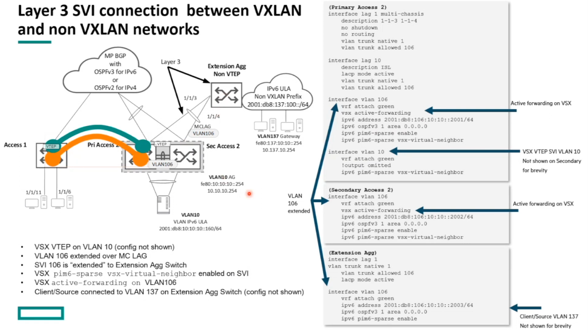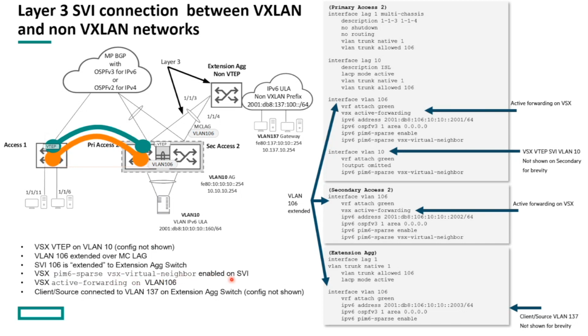So again, the VTEP that we're interested in here is now VLAN 10. We're extending in this example as the transit VLAN with an SVI VLAN 106 across here, and it also exists across the ISL. We have to configure the PIM6 sparse VSX virtual neighbor across the SVI.